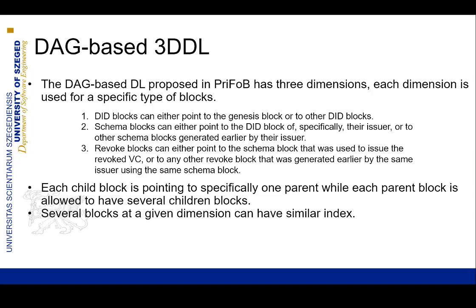In our model of the DAG-based DL, or distributed ledger, each child block points specifically to one parent, while each parent block can have several children. So several blocks at a given dimension can have the same index. This is a good point to discuss because usually it is claimed that if you have the same index for several blocks, then that means that we have forks, which is claimed to indicate the insecurity of the system.